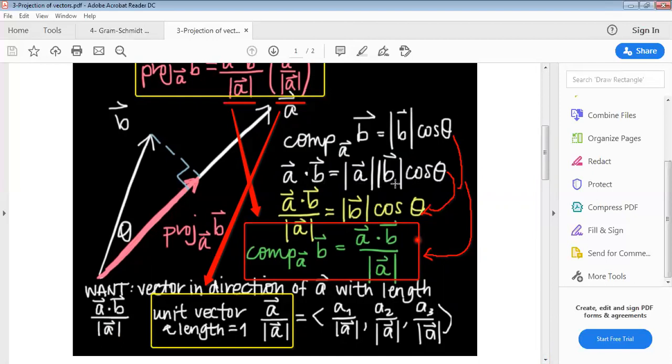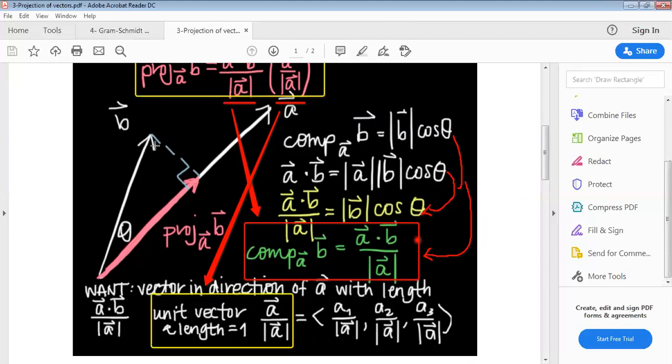Or a bar dot b bar is equal to magnitude of a bar into magnitude of b bar cos theta. Dividing both sides by magnitude of a bar, we get a bar dot b bar by magnitude of a bar equals magnitude of b bar cos theta, right?